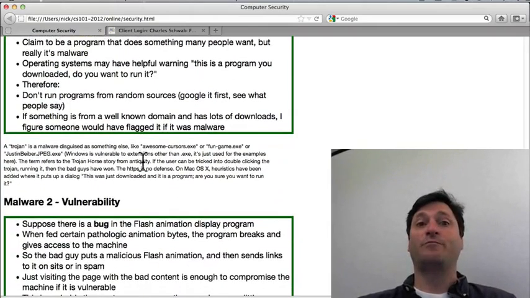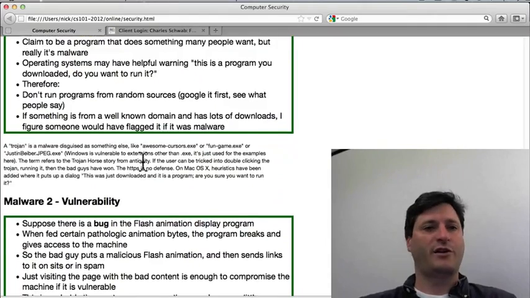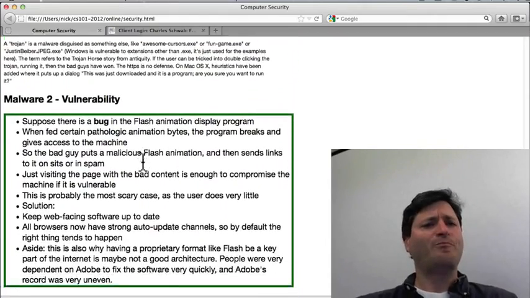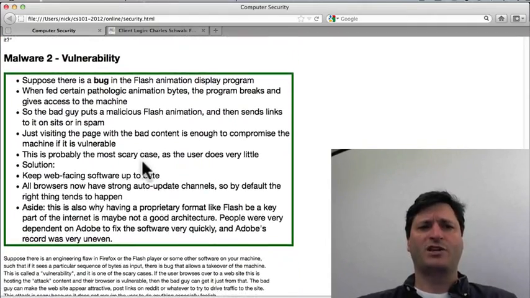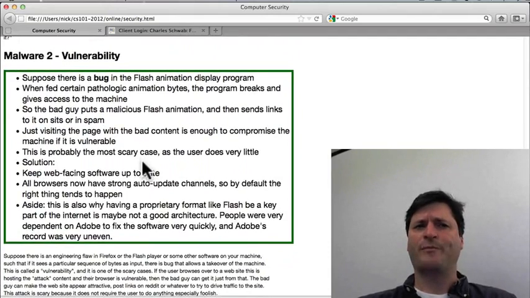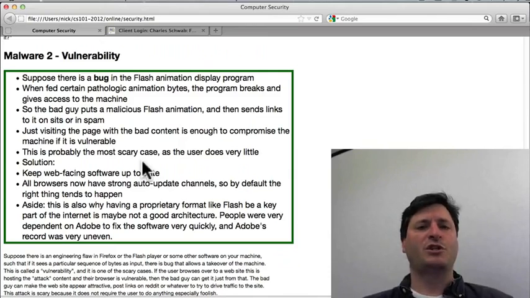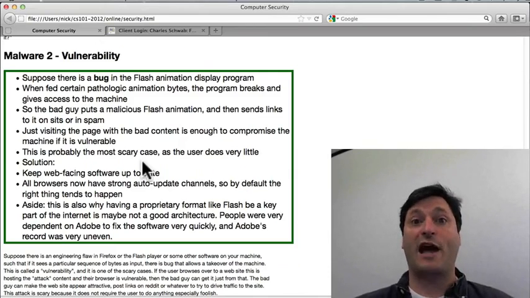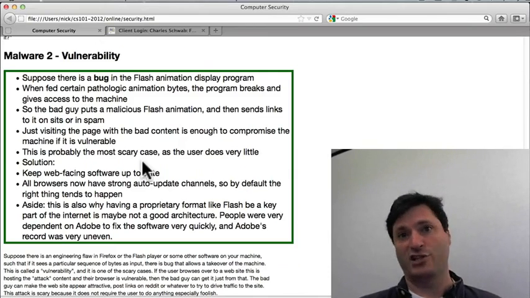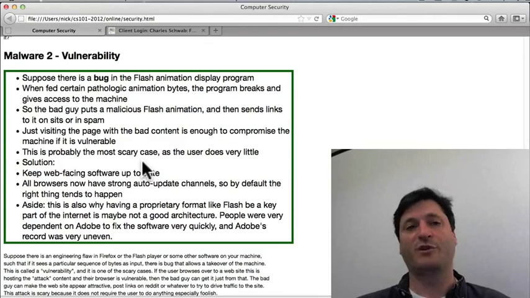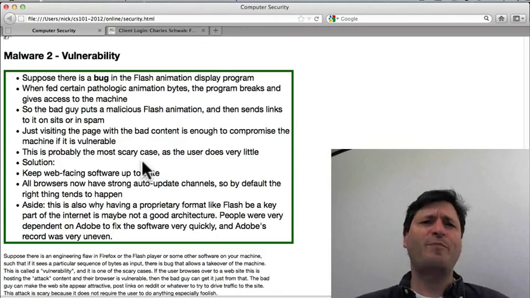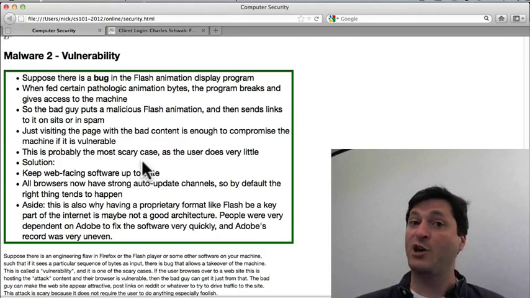Alrighty, so that's one way the executable could get in there: a Trojan horse. There's another way that is a little more complicated and a little more scary, which is called a vulnerability. I'm going to use Adobe Flash as my example, because in the last year that's been a big source of problems. Suppose there's a bug in the Flash display program. Flash is an animation format, and it's called upon to display Flash animations.